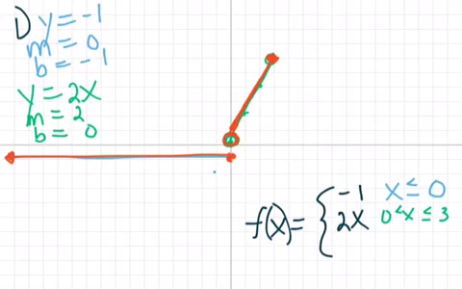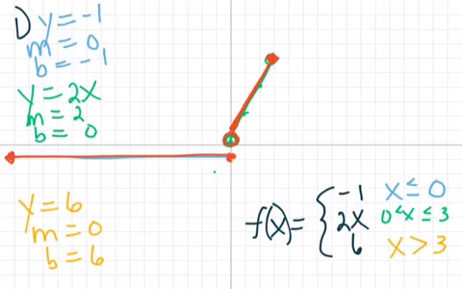Okay, the third section of the graph says 6 if x is greater than 3. So that's like having y equals 6. So the slope again is 0, and the y-intercept is 6. So you would go up to 6, 2, 3, 4, 5, 6.